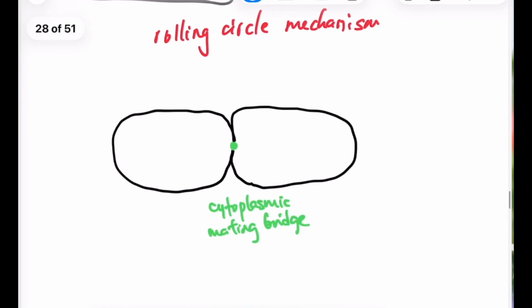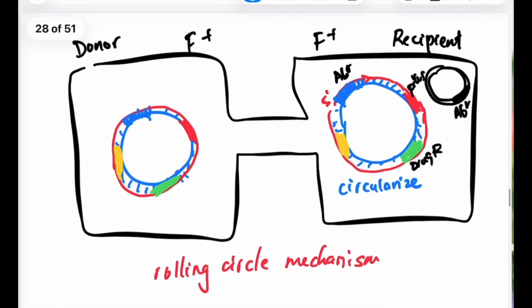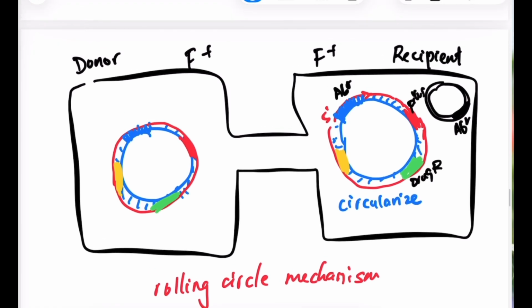Okay, they will not ask you to describe the rolling circle mechanism. Okay, because for DNA replication, you just need the eukaryotic DNA replication, not the circular DNA replication.